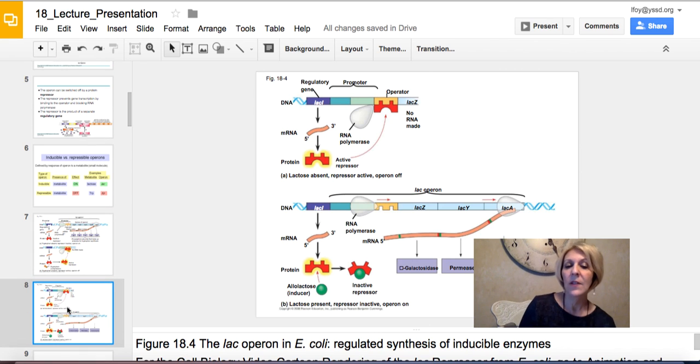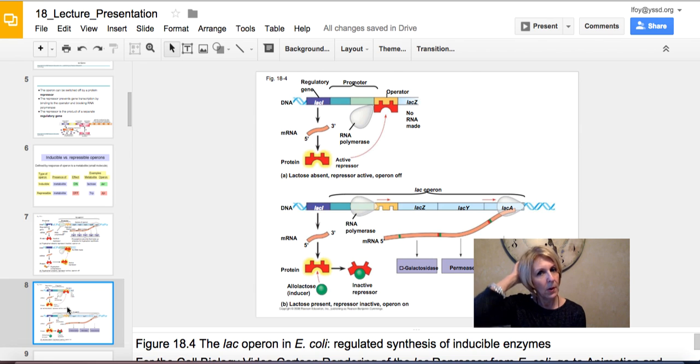In the case of the lac operon, remember, the lac operon is normally turned off because the bacterial cell would rather use glucose. When glucose is present, it doesn't need to use lactose. So the normal position of the lac operon is off.